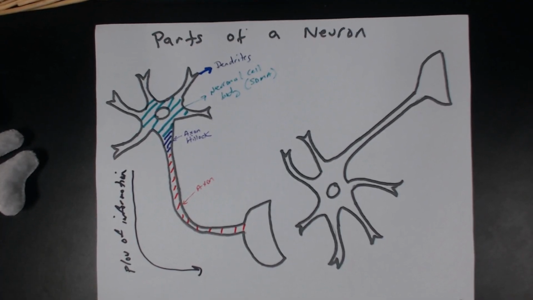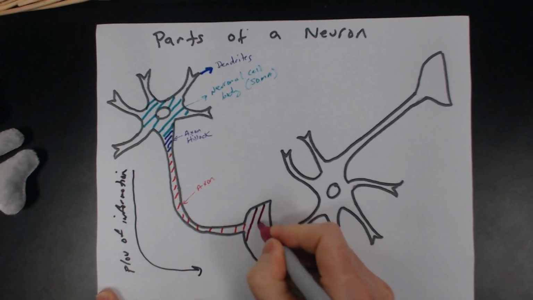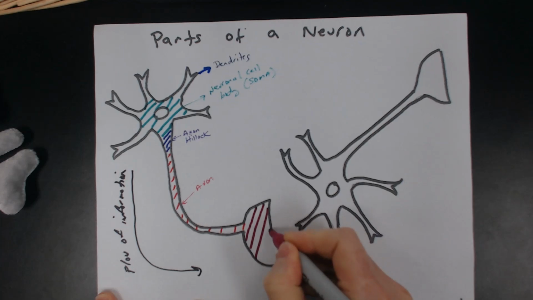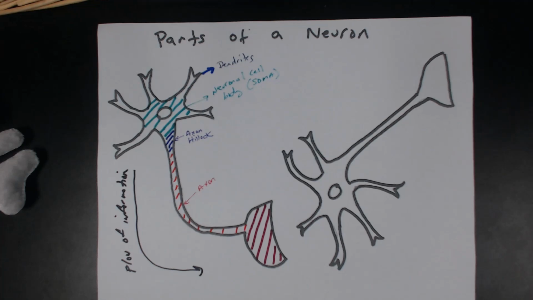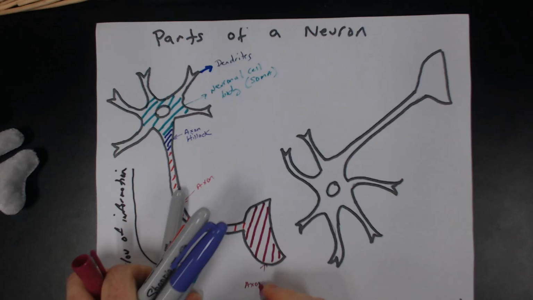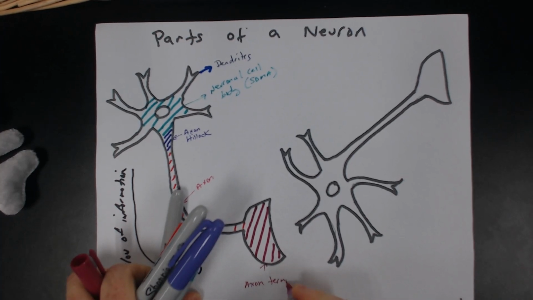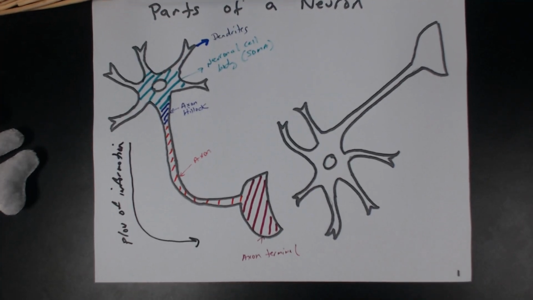And then at the very base, we have what's called the axon terminal. All the way down. Can you see that? At the very end of the axon, there's something called the axon terminal.